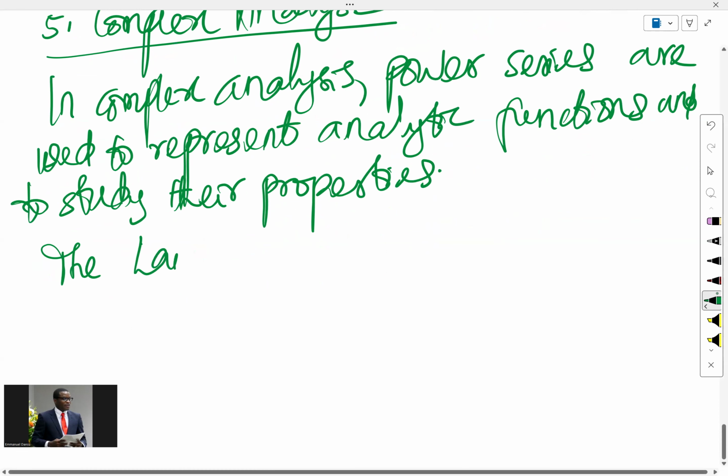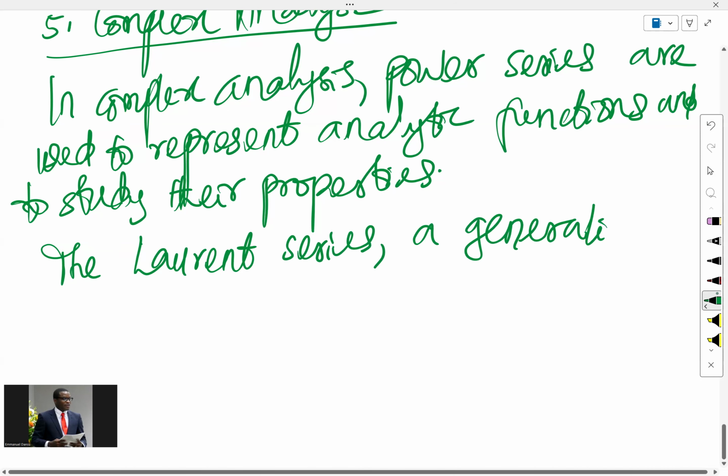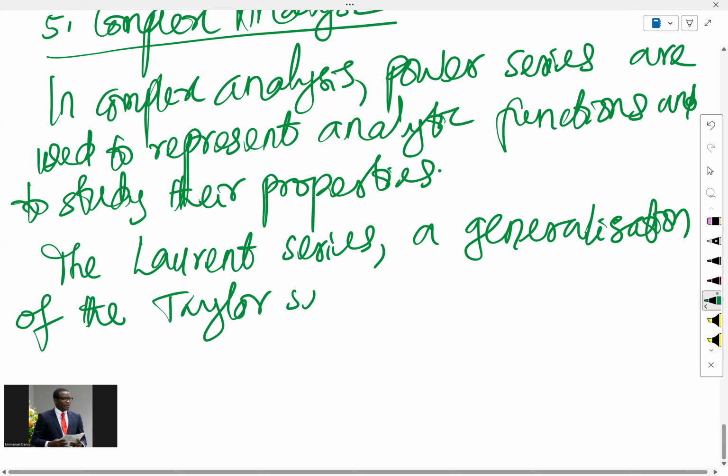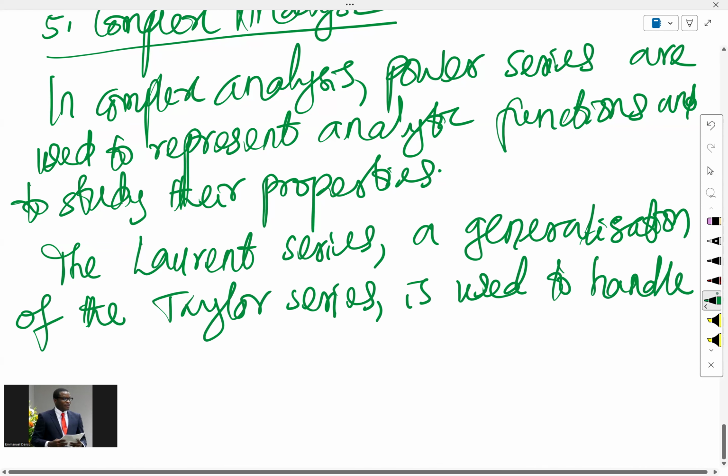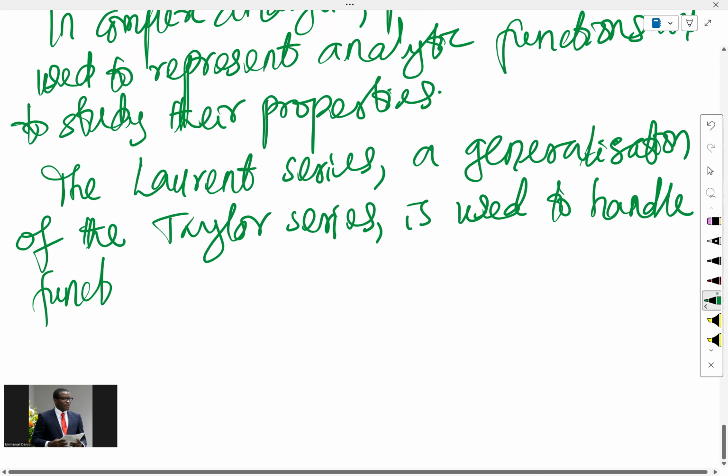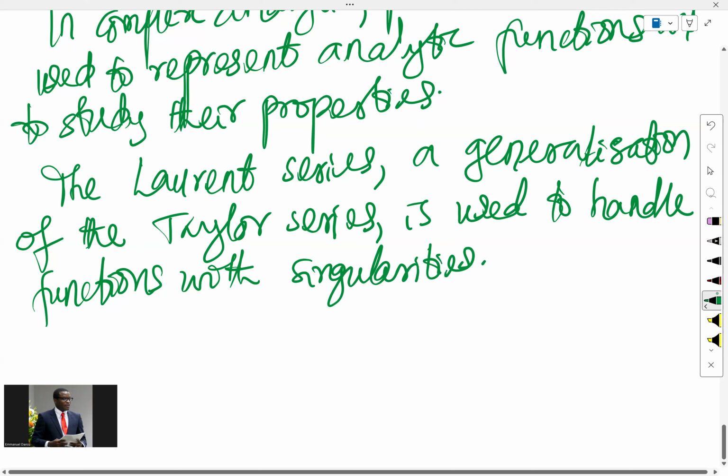So the Laurent series, a generalization of the Taylor series, is used to handle functions with singularities, meaning functions that are not defined at particular points, like maybe something like 1 over x minus 1, for instance.